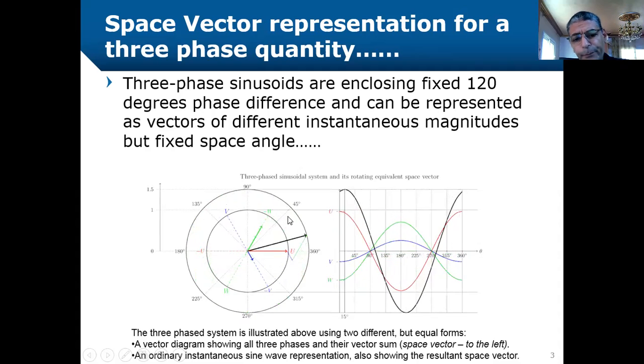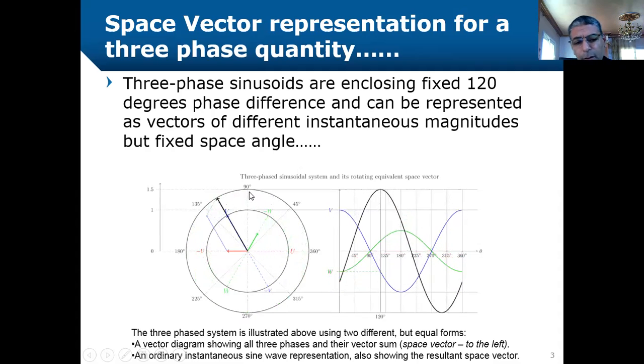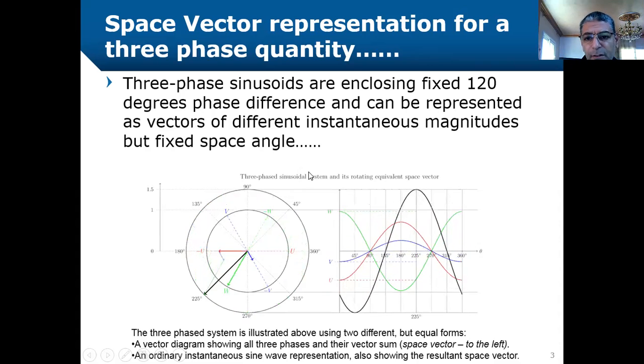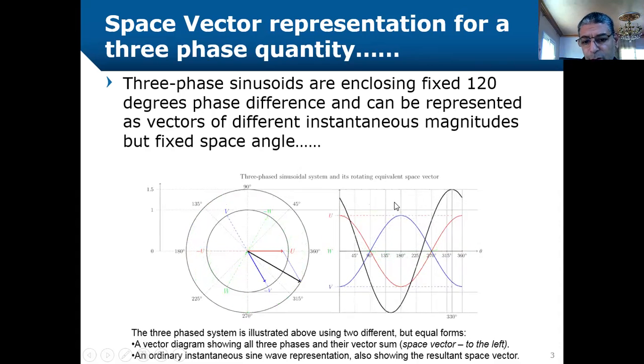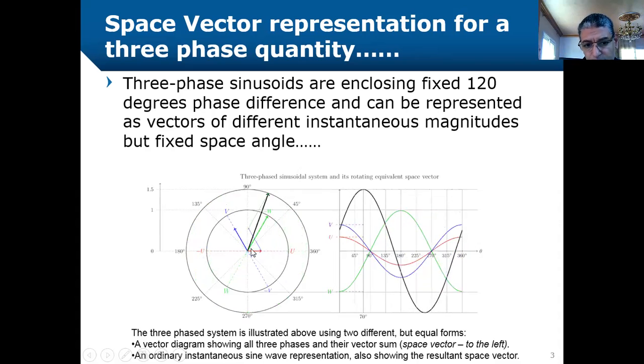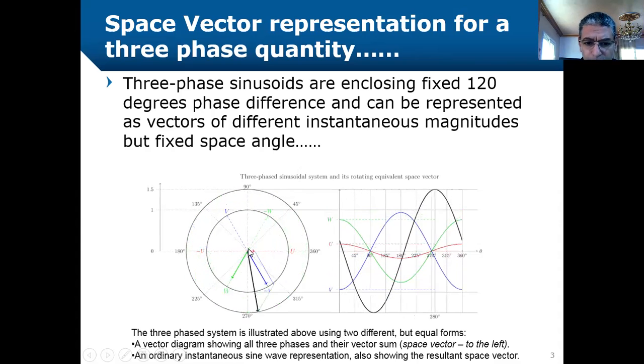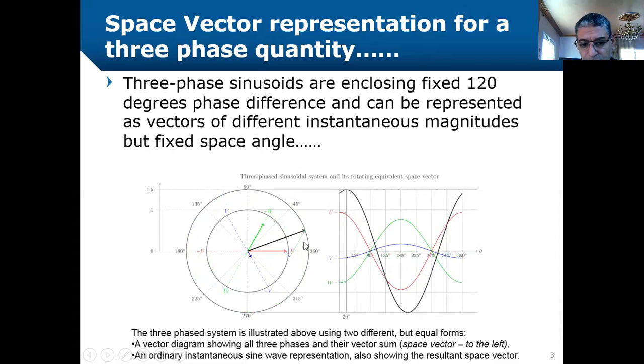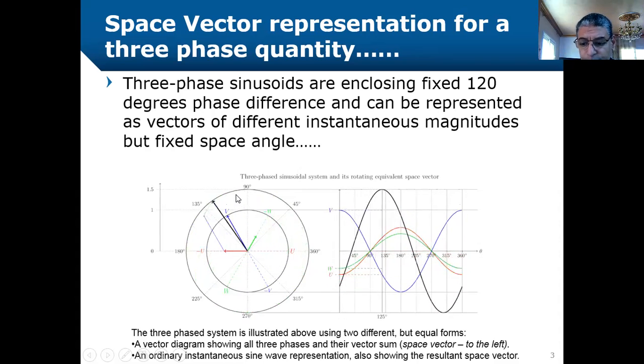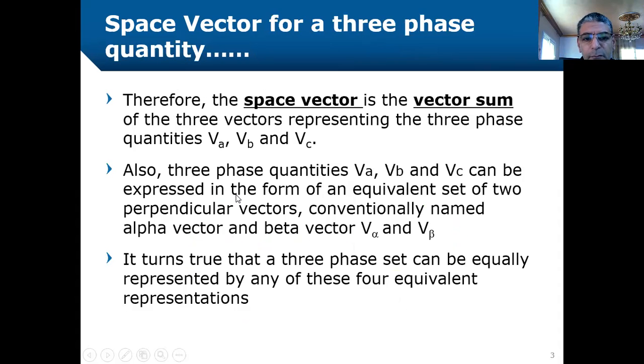In this way, we can represent the three-phase quantities either with this sinusoidal representation, or with these three space vector components, or with only one resultant space vector like this black one. Therefore, the space vector is the vector sum of the three vectors representing the three-phase quantities VA, VB, and VC.